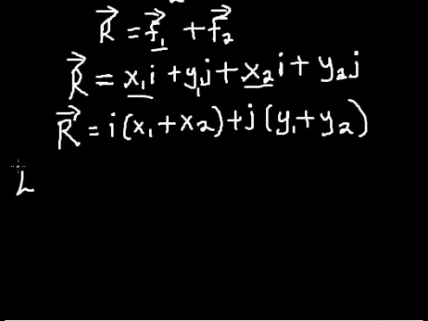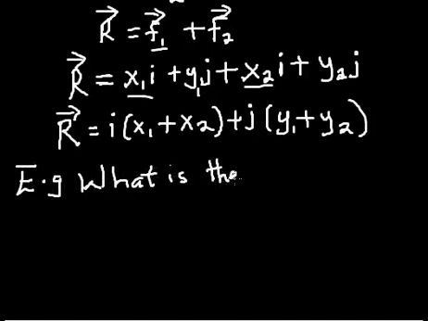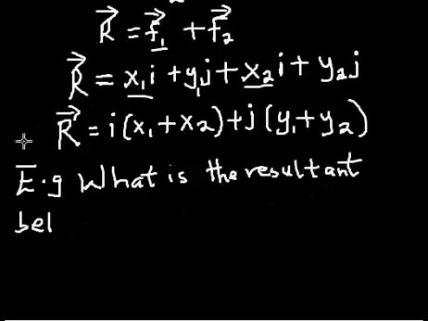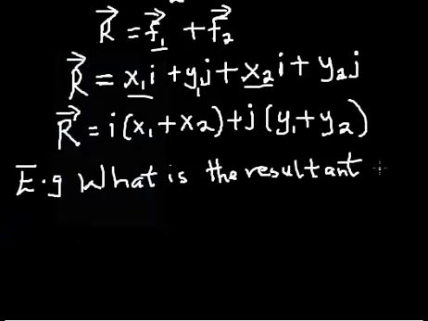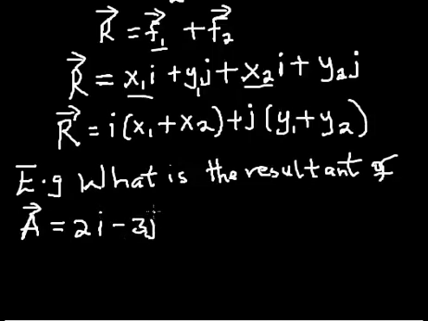Now let me give you a typical example. The question is, what is the resultant of A equal to 2i minus 3j, then comma B equal to 5i plus 6j?